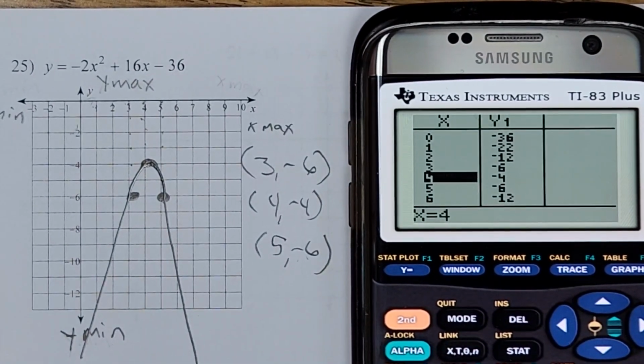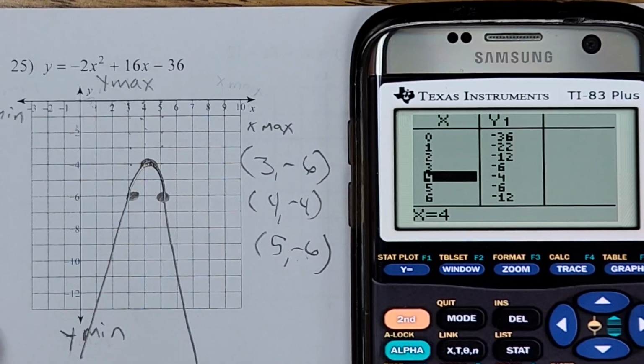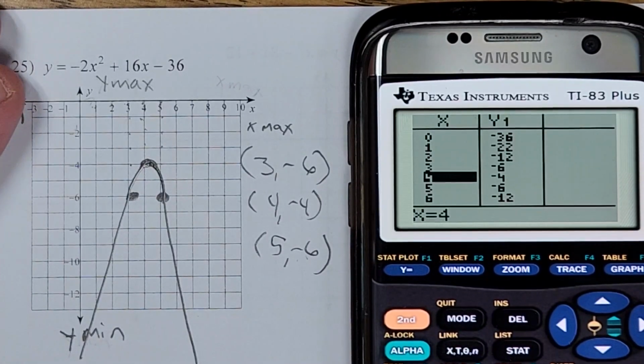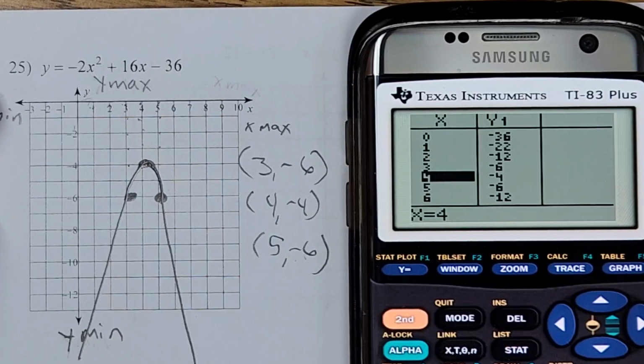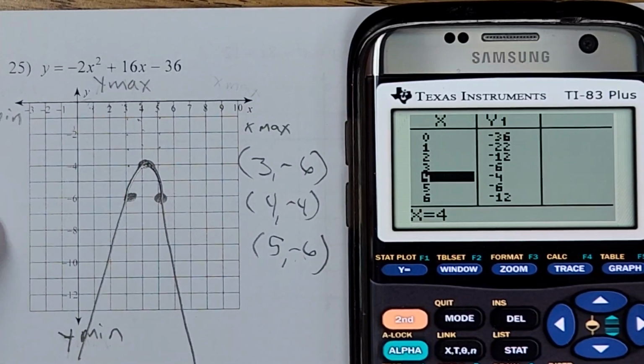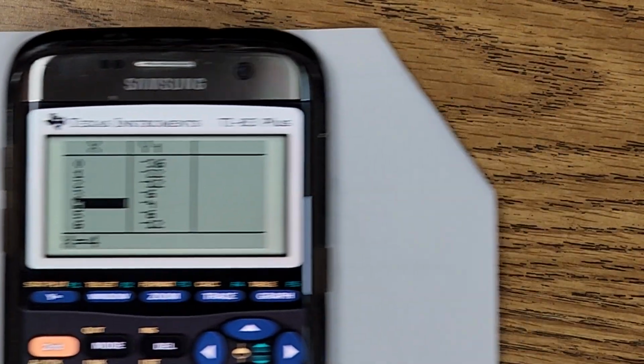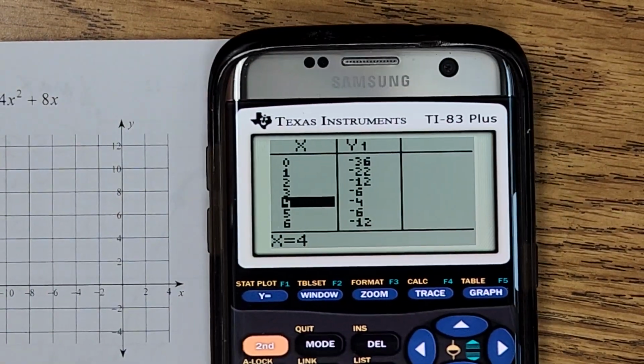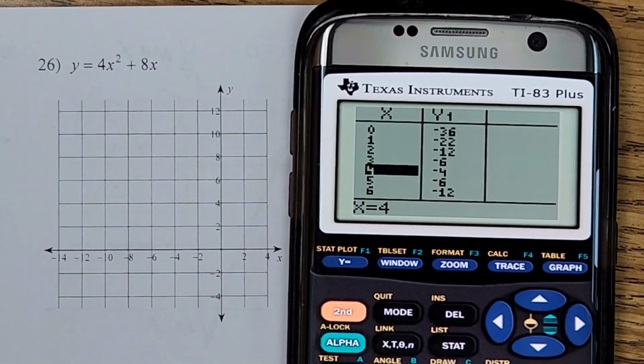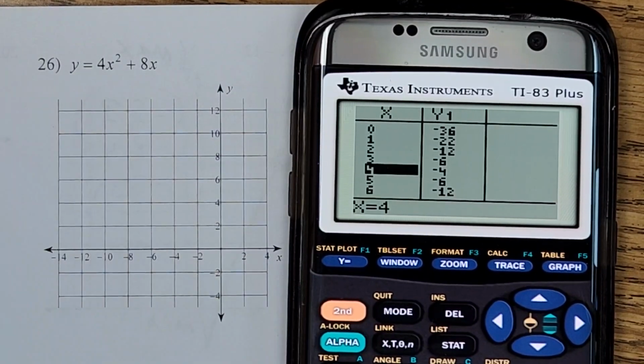All right, so that took us about 4.5 minutes to do 25. Let's see if we can do 26 a little bit faster. Okay, so again: window, y equals, trace, table. All right, so window for number 26, I see 4x squared plus 8x.